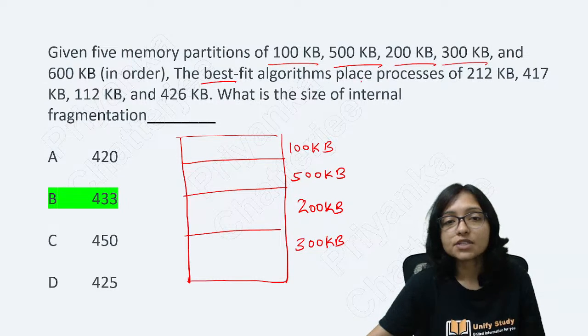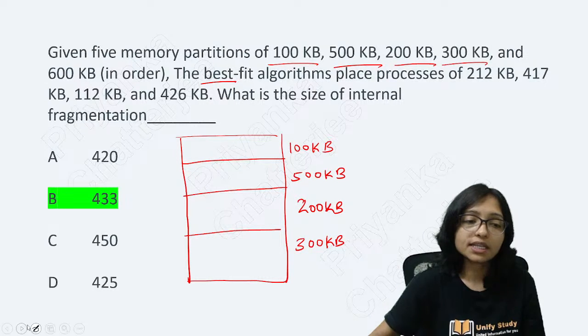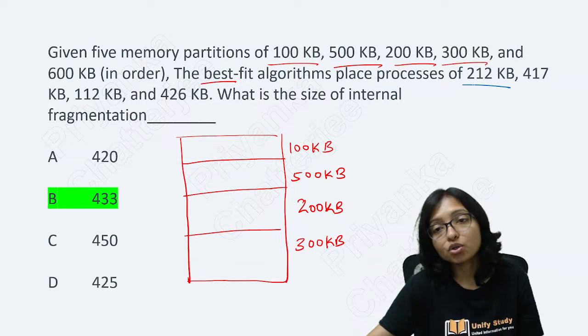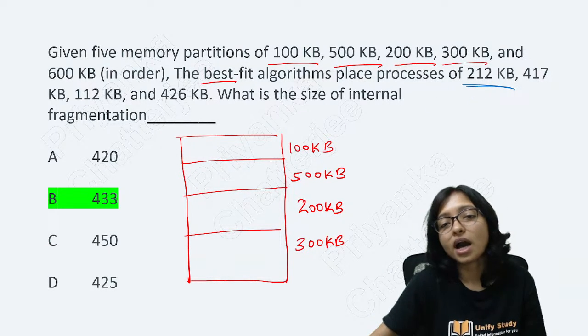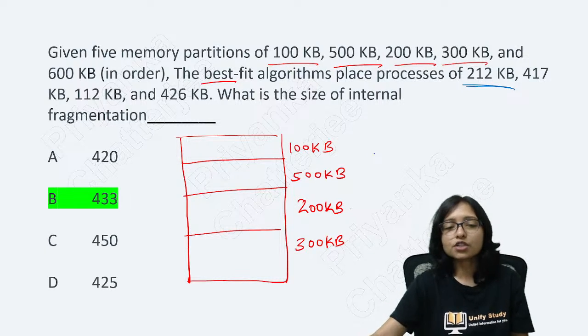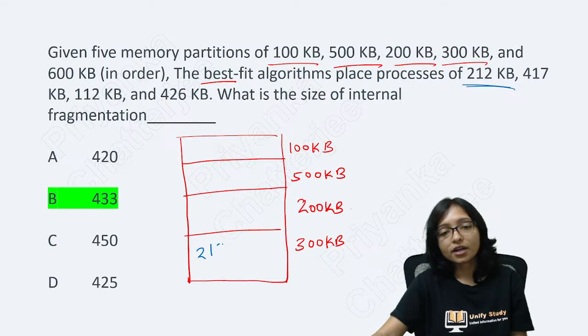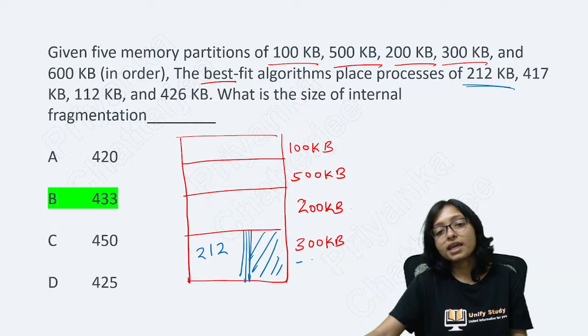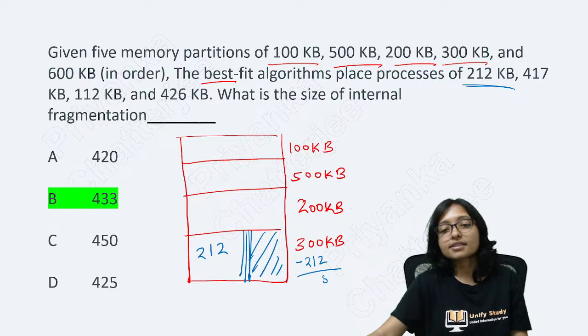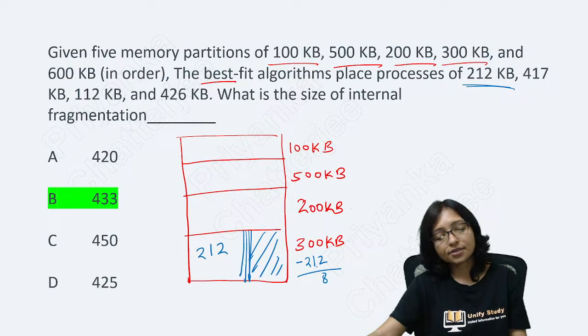Now for the best fit algorithm, best fit means whichever is best suited, that place only I will allocate. 212 KB, in 100 KB I will not be able to do, 200 also not; 500 is too large for me, so I will allocate 212 here in 300. Now the remaining space is the internal fragmentation. 300 minus 212. What will be the answer? Do the calculation.